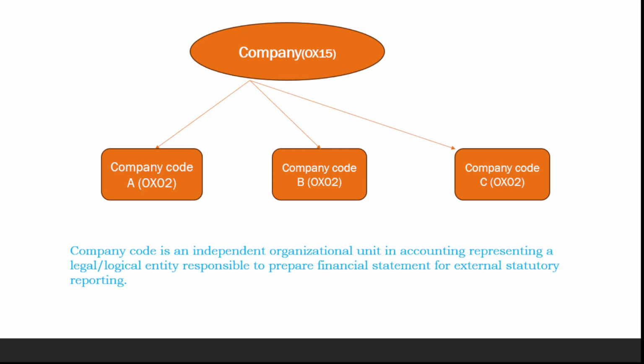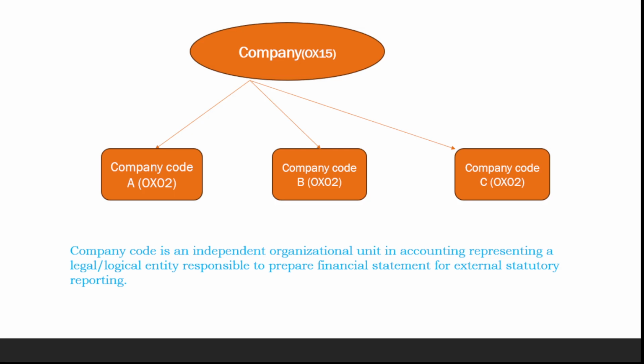Now all these company codes within the companies must use the same transactions or maybe the same chart of accounts for consolidation purposes. So when we say company, it is an organization from a financial perspective which abides by the rules and regulations of the country where it operates.